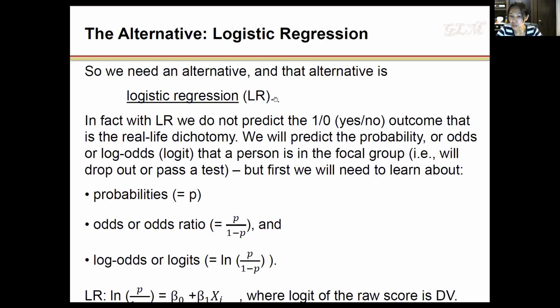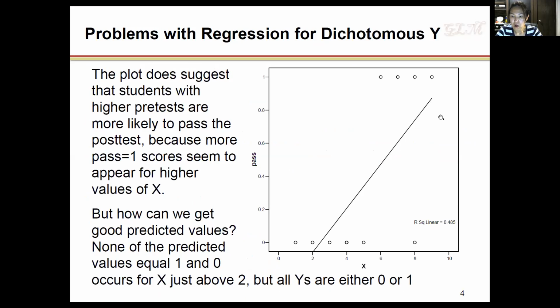So logistic regression means, in this case, this is just a regular raw scale. So this is x and this is pass. Instead of using just the raw scale of pass, we can calculate the probability of pass. How can we do it?